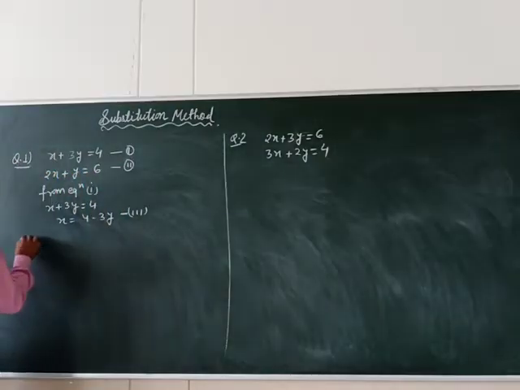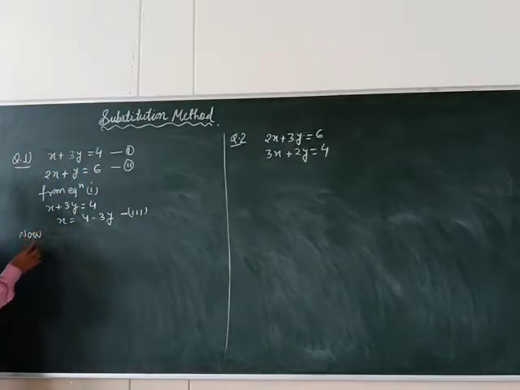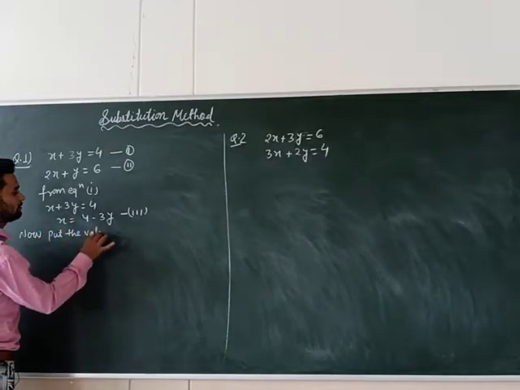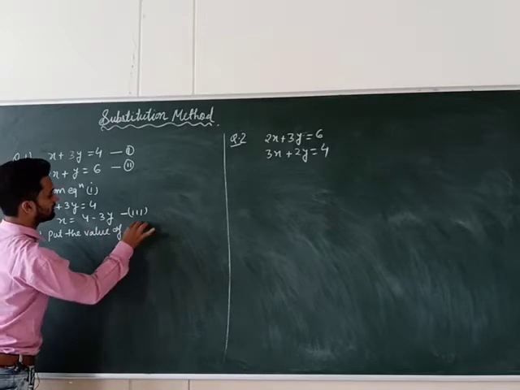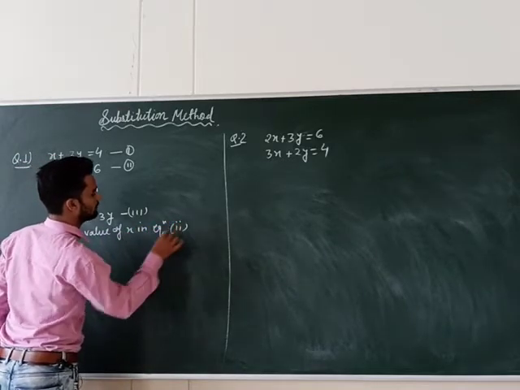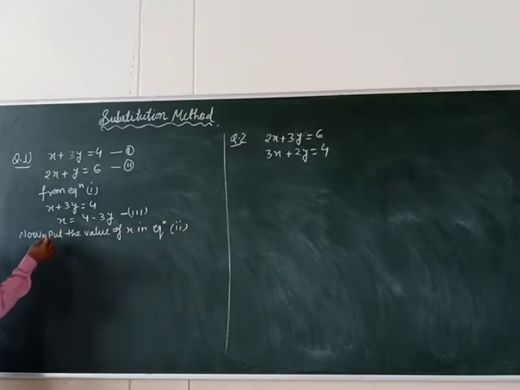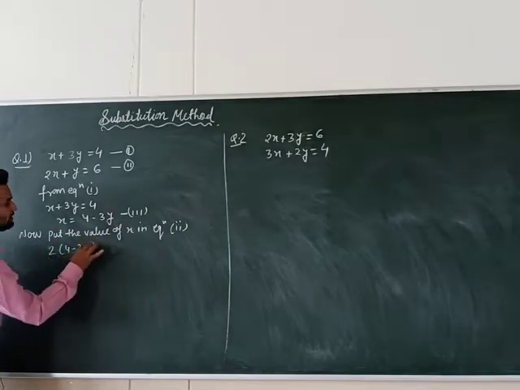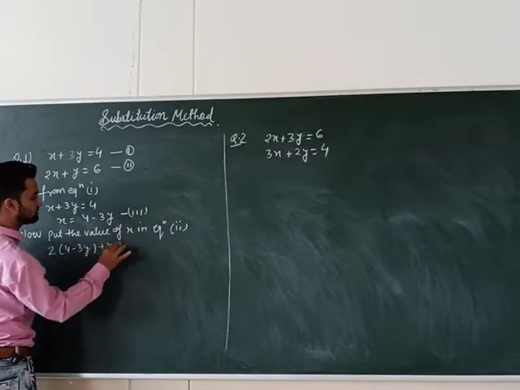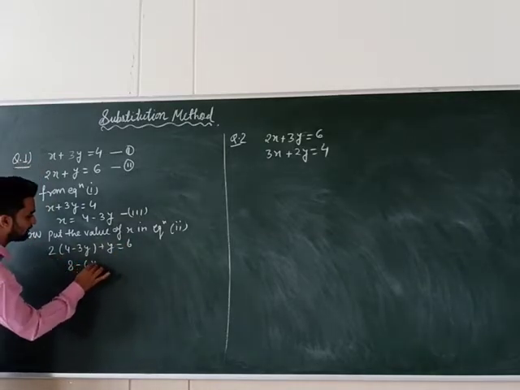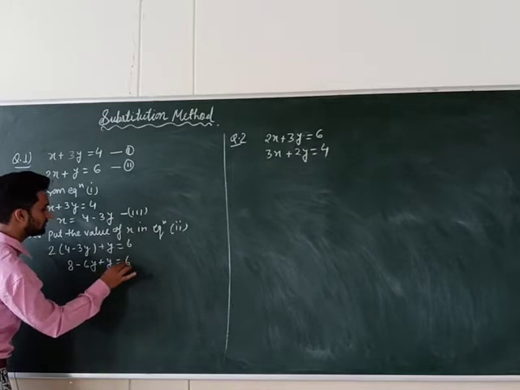So now put the value of x in equation second. So let us see what will be the solution. 2 times the value of x, which is 4 minus 3y, plus y is equal to 6. 2 into 4 is 8 minus 6y plus y is equal to 6.